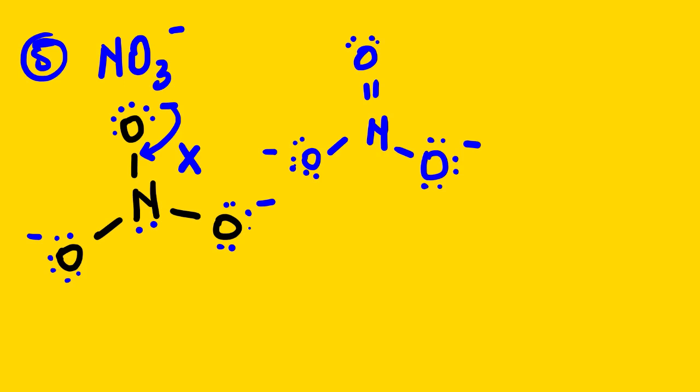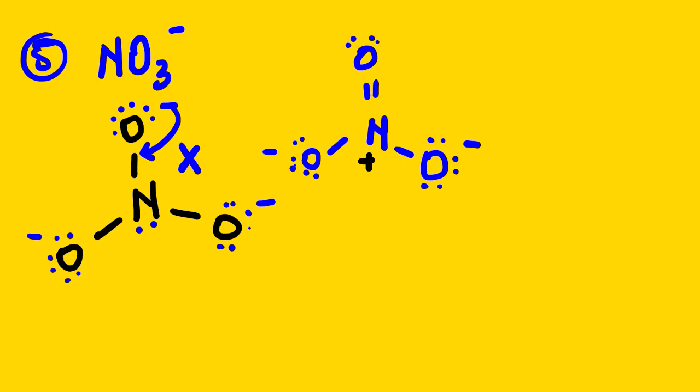Now remember that when nitrogen bonds 4 times, it becomes positive. So in this case, let us check. We have negative 1 minus 1 is negative 2, plus 1, it will give us negative 1. So we are safe to say this is one of the Lewis structures of this polyatomic ion.